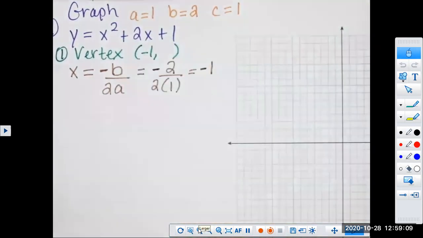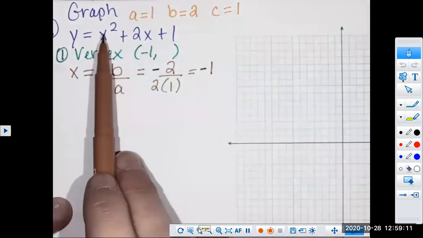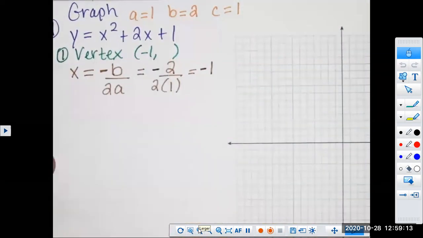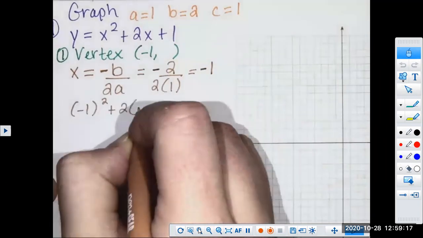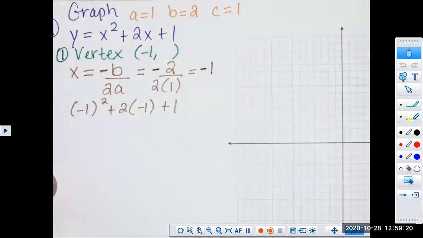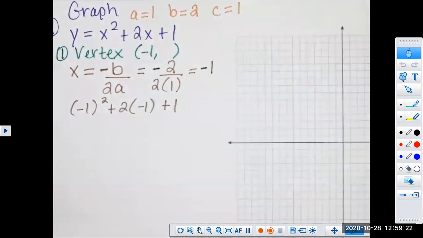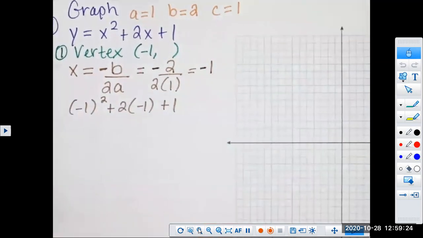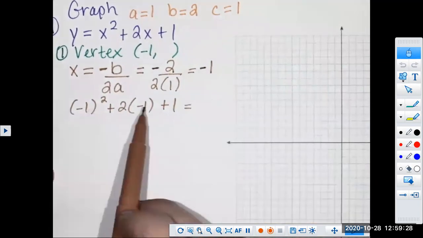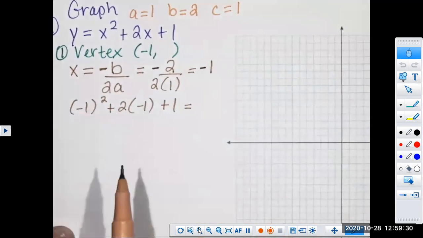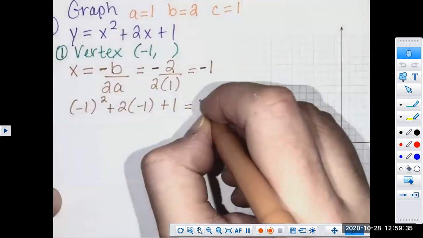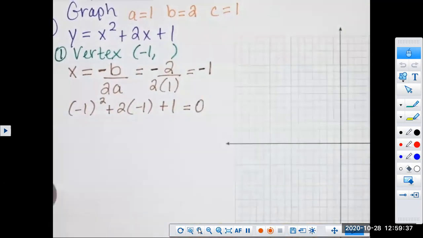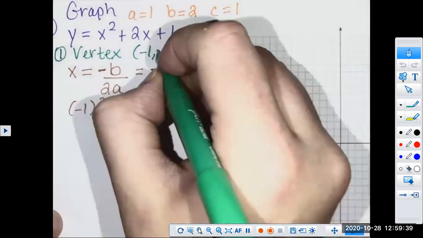And then you have to plug in negative 1 here. When you do all of this, you get what? You get 0. So my vertex is at negative 1, 0.